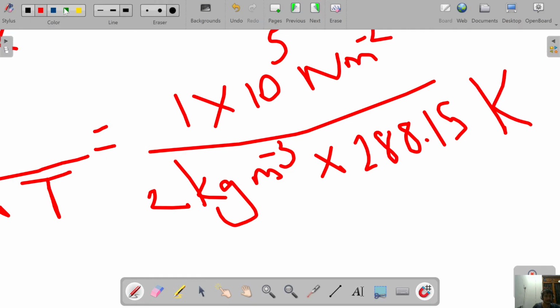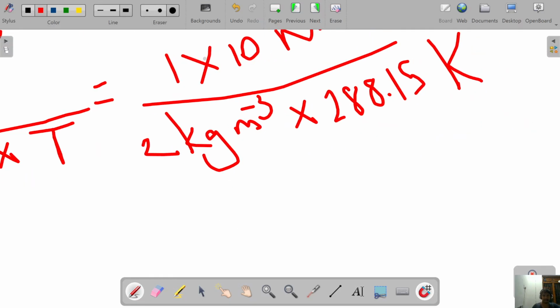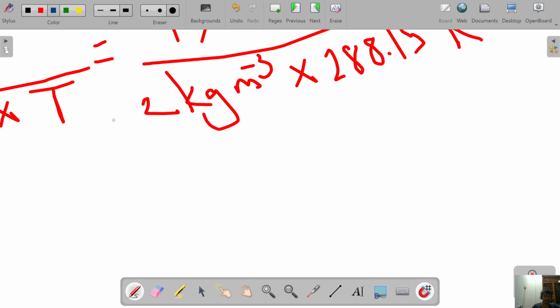If you calculate this equation, finally you will get the result.